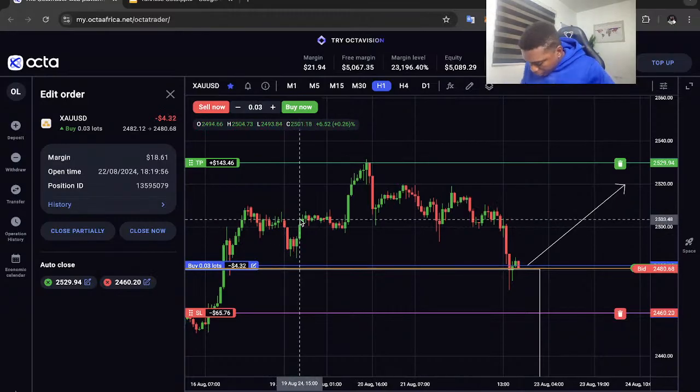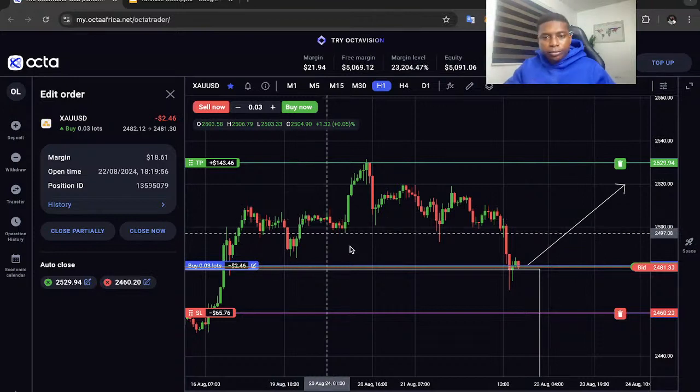Someone says please look into USDJPY for a double top at 30 minutes. Who else is confirming that I should analyze the USDJPY?